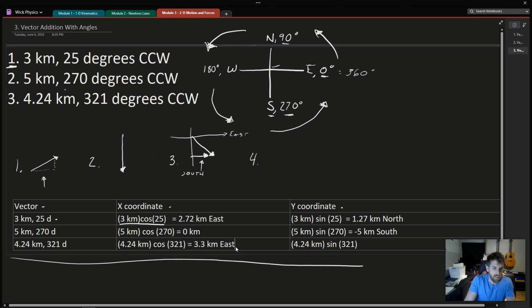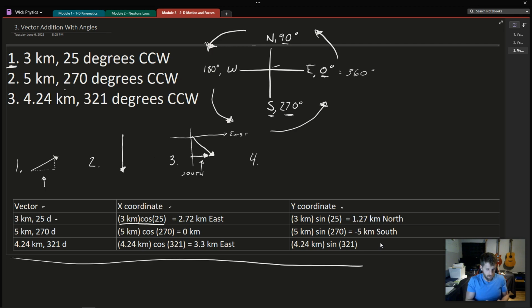So we have east here. And finally, this last one, of course, will be south. We have 4.24 sin 321. And we get a negative 2.67 kilometers south.